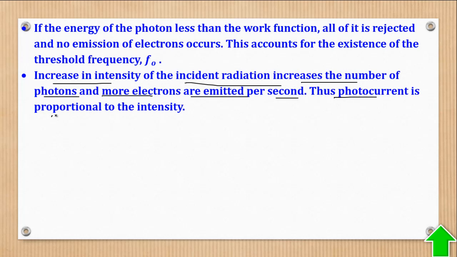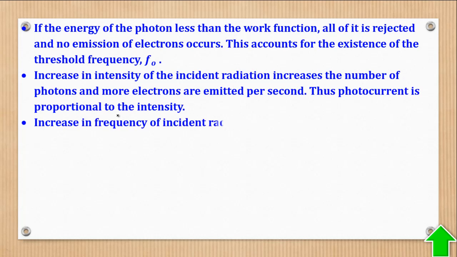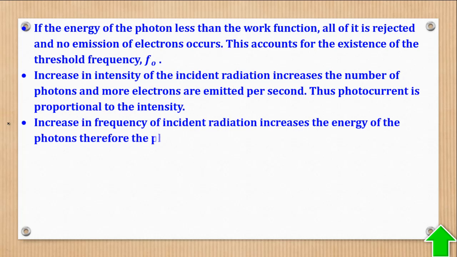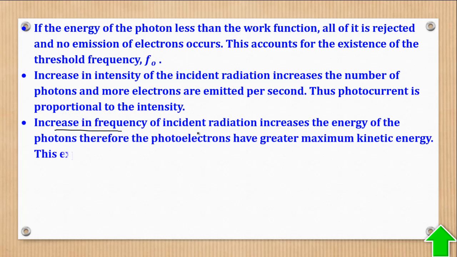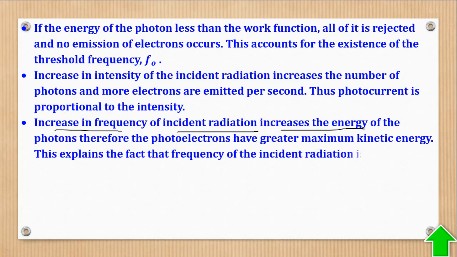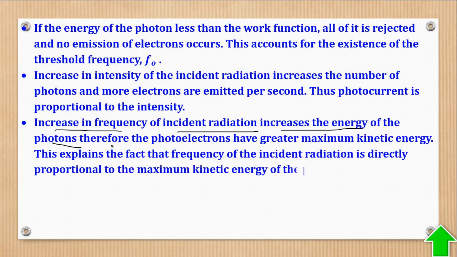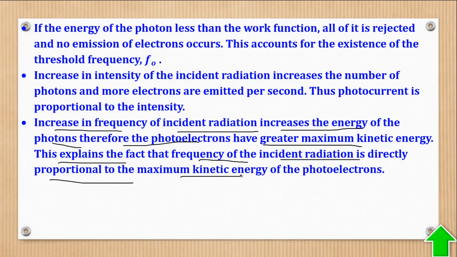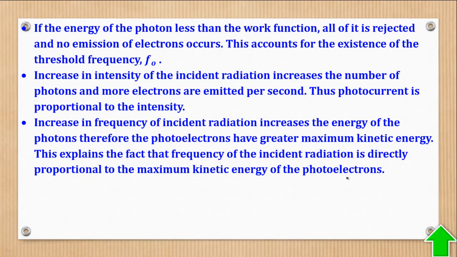Thus, photocurrent is proportional to the intensity. Increase in frequency of incident radiation increases the energy of the photons. Therefore, the photoelectrons have greater maximum kinetic energy. And this explains the fact that frequency of the incident radiation is directly proportional to the maximum kinetic energy of the photoelectrons.